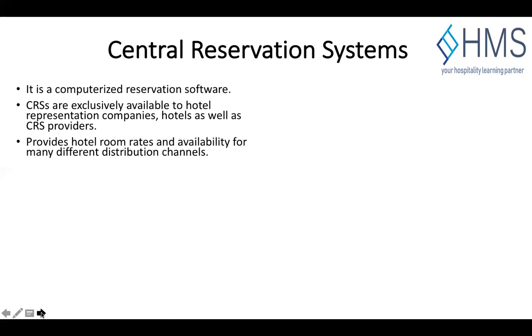At the same time, it again provides hotel room rates and availability for many different distribution channels, for example, third party websites or even OTAs. Sometimes the room rates may differ from OTA to OTA, but there's again a very marginal difference. For example, if Booking.com is offering, say, 14,000 Indian rupees for a luxury category room for one night, this could be the BAR rate, the best available rate on this particular OTA, Booking.com.